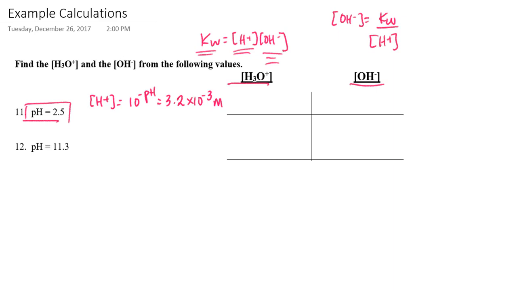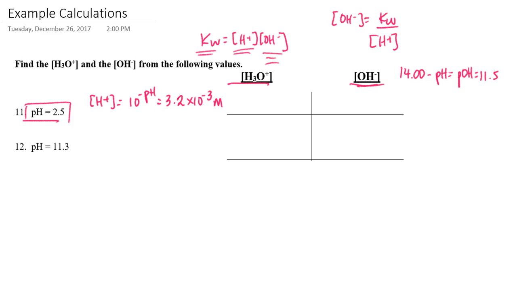Okay, but another approach that I could use is finding the pOH. So as we just learned on the previous slide, again assuming we're at 25 degrees Celsius, 14 minus the pH is equal to the pOH. And so if I go ahead and take that difference, that ends up being 11.5.